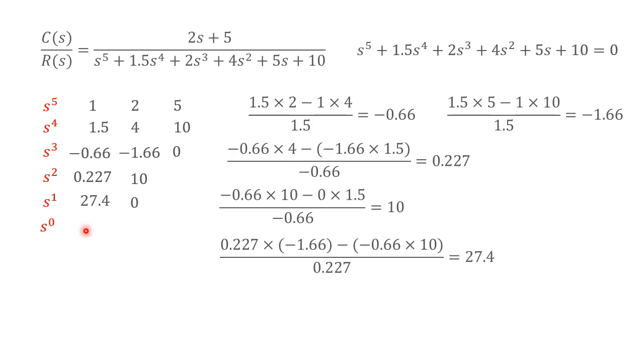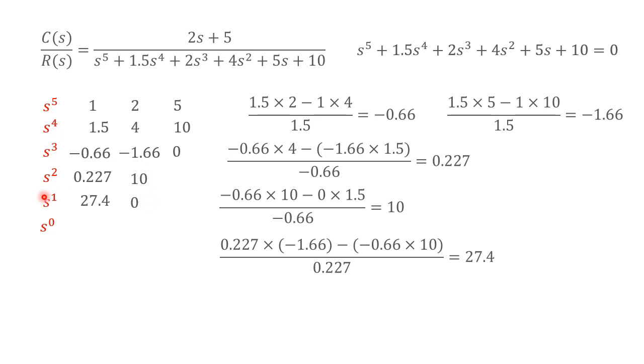How this is going to become 10 and how I calculated it so fast, let me just tell you. If the last term is 0 here, this term will always be equal to this term. Remember that. That also happened in the earlier case: this term was 0 and 10 was here, so this term became 10.